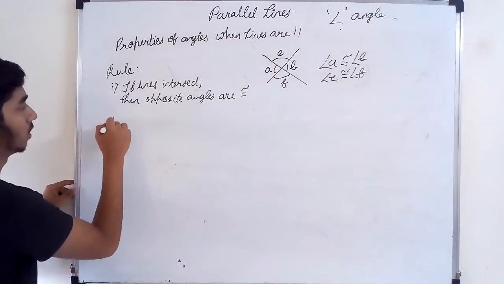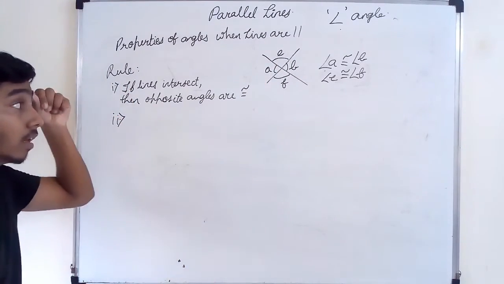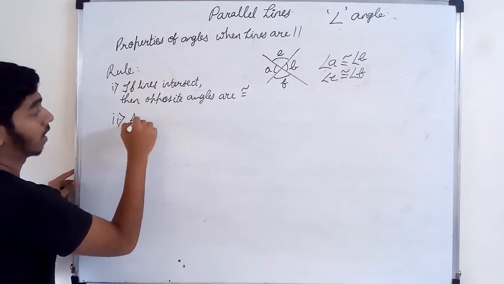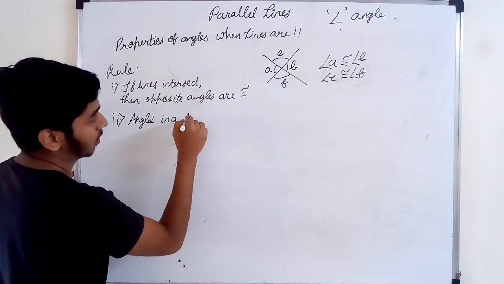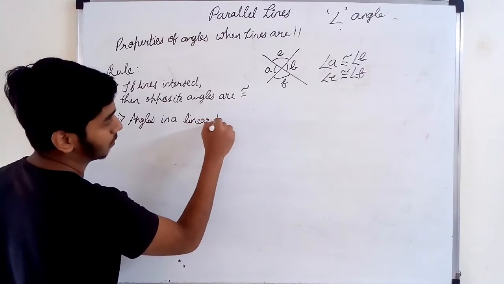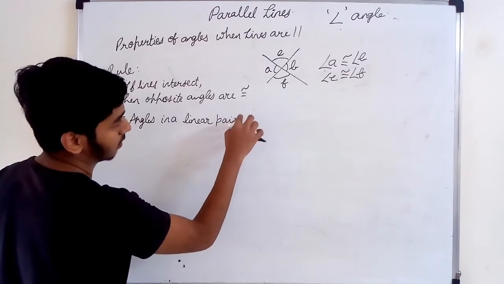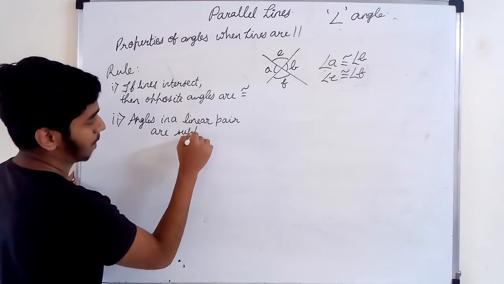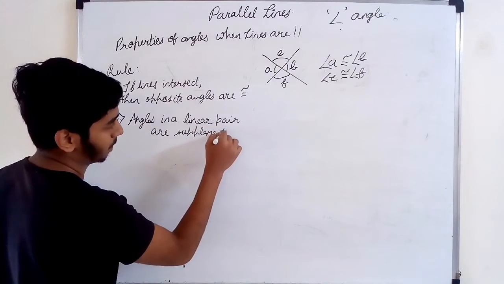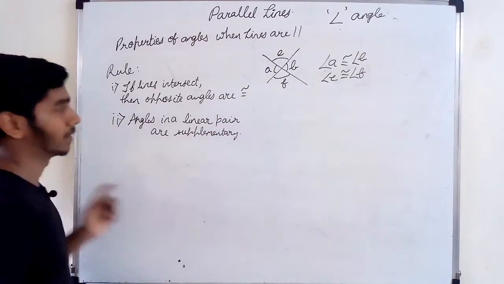Now the second rule, which says, angles in a linear pair are supplementary.